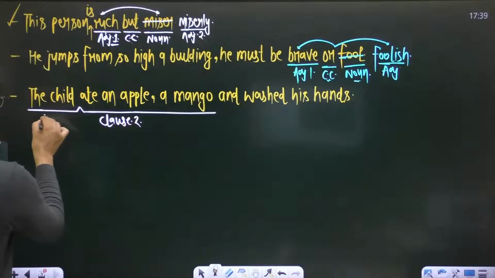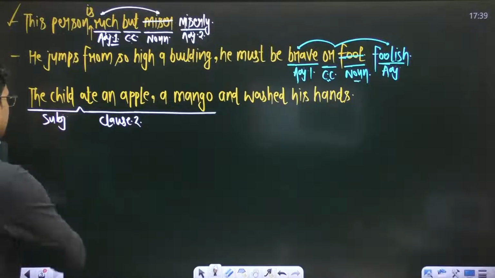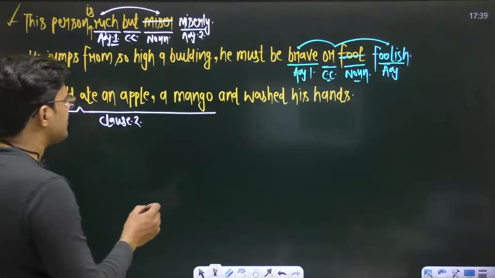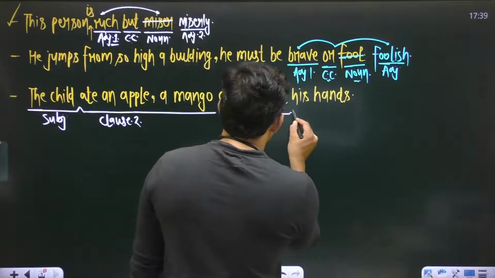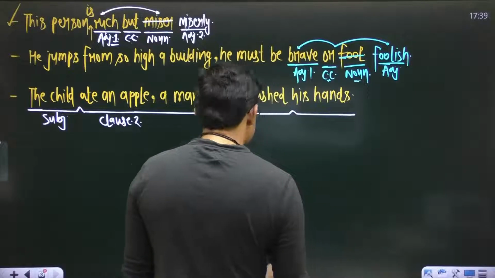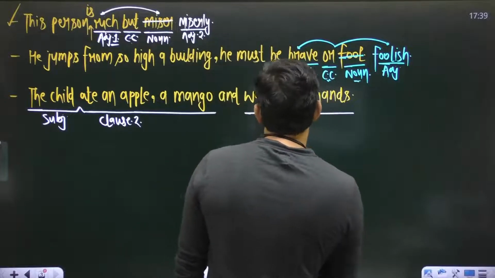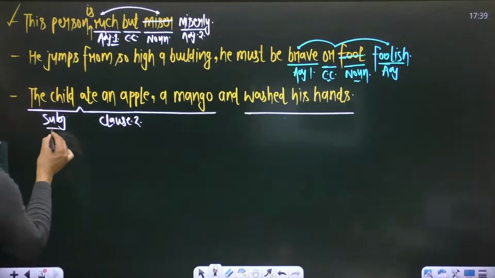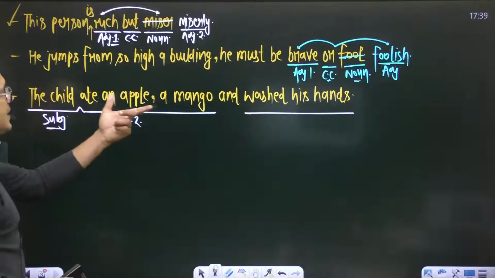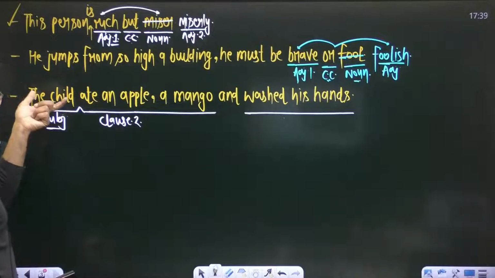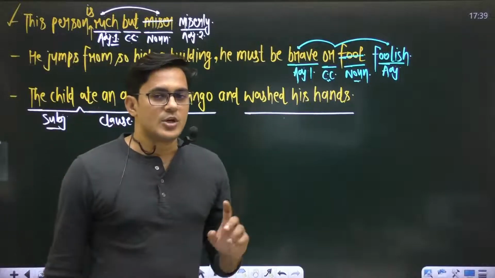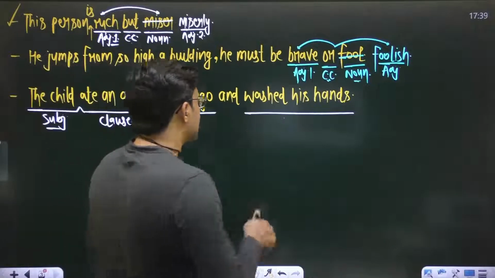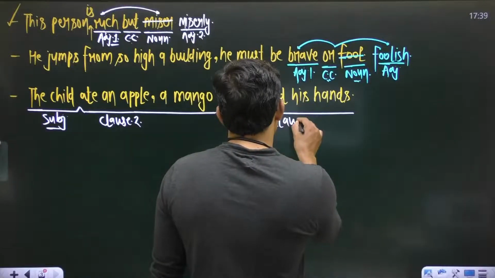The subject of this first clause is child. Now the subject becomes common, and washed his hands. Washed his hands is the predicate, and the subject of this predicate is child. The child ate an apple, a mango. Again the child washed his hands. So this subject and predicate is the second clause.